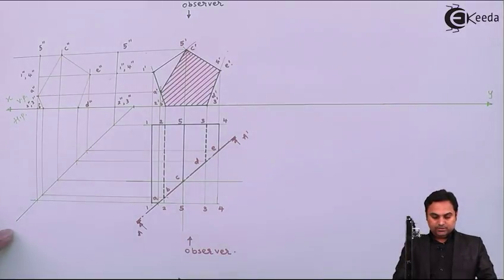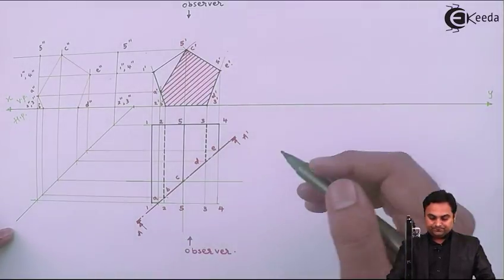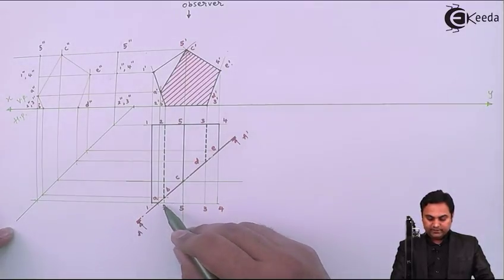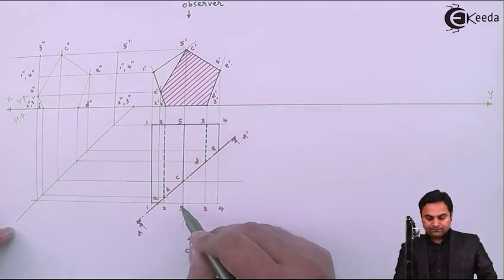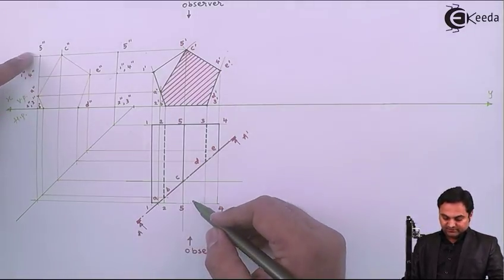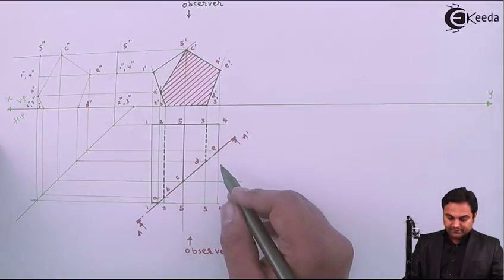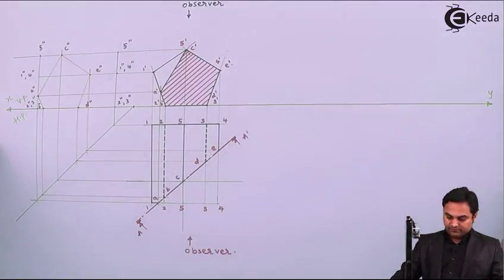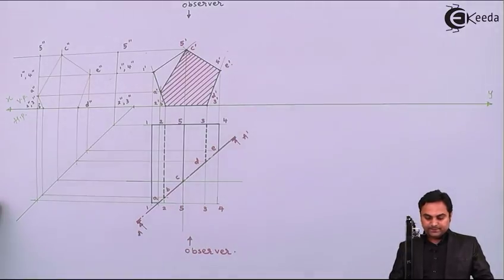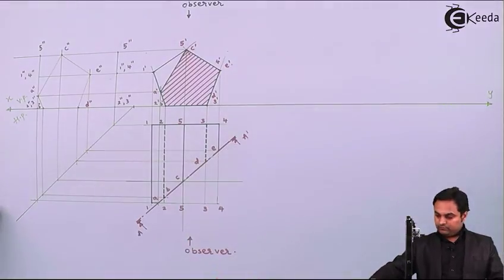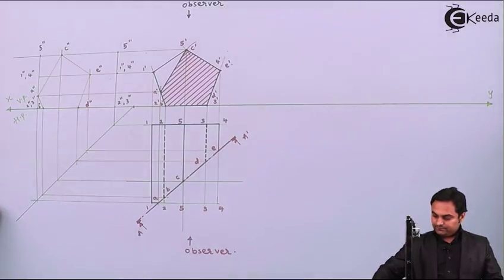Next, here if we see, the portion which is from A to 5, that is A double dash, 2 double dash, 5 double dash, 3 double dash, and 4 double dash, and that will go up to point E. So it means when we are projecting it, in that case, I'll make it dark first.